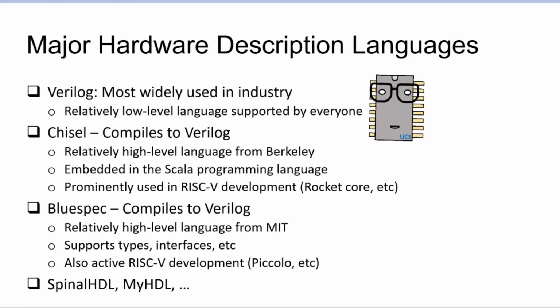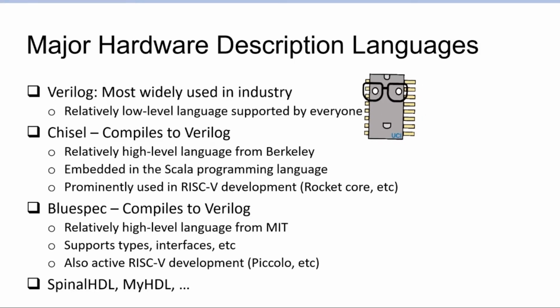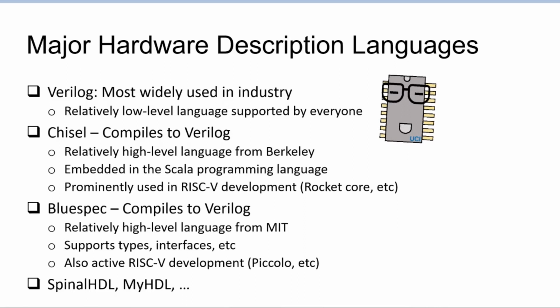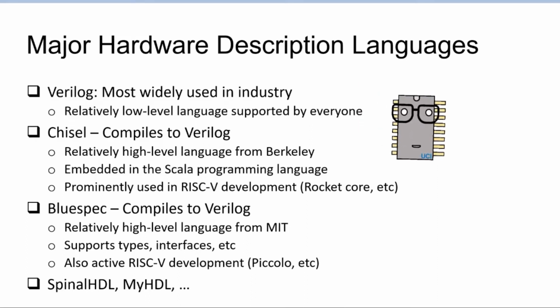If you go to government work, I've been told that VHDL, the other low-level hardware description language, is also widely used. But if you look at the market share of languages, I think Verilog is pretty much the dominant language overall. It is a relatively low-level language, which is supported by everyone. It is the assembly of the hardware description language world.